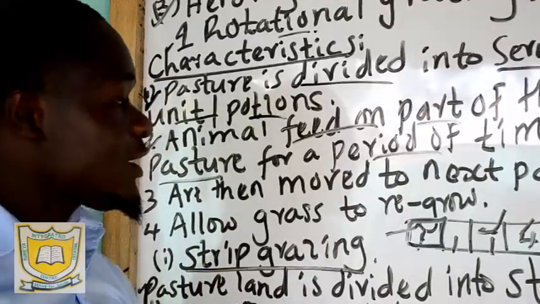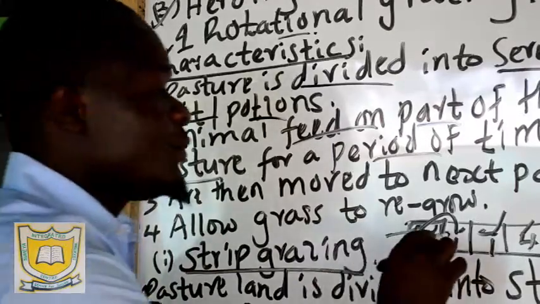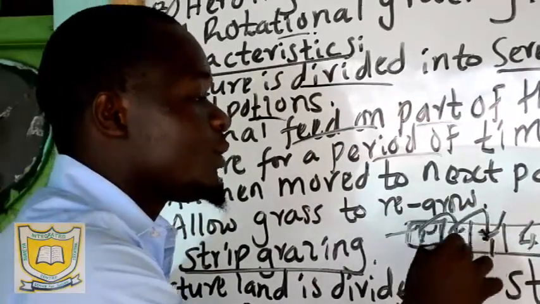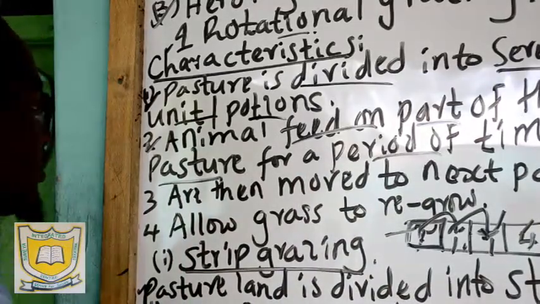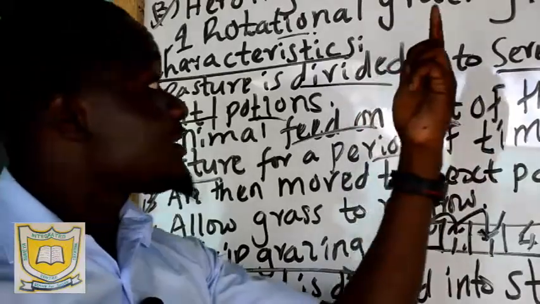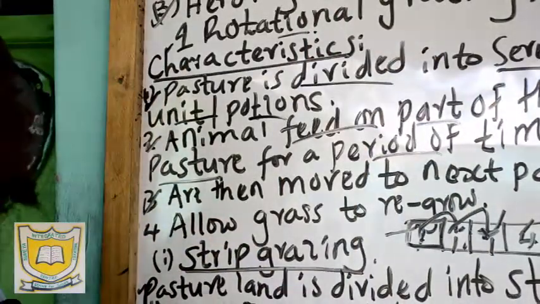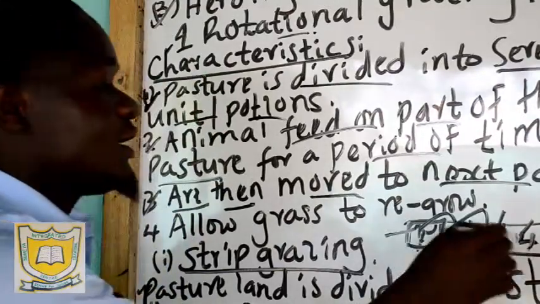Thereafter, it moves to the second portion of that pasture. The animal feeds in one portion at a certain period of time, then it is taken to another portion. The third characteristic is that they are then moved to the next part.